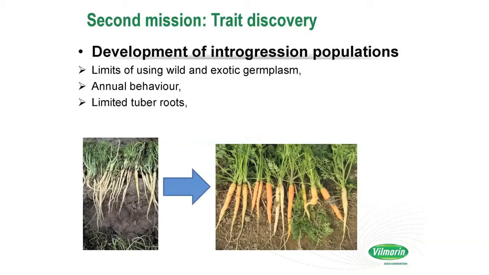So that's why we obtain after 2 cycles of integrations, and then we can assess the phenotype on a more, let's say, valuable phenotype. That's not yet a variety, but that's in-between material where you can assess the phenotype more accurately. So that was the second mission concerning the trait discovery.